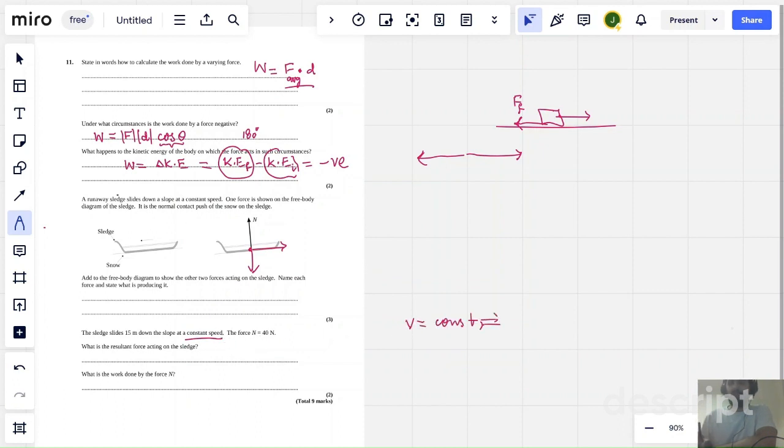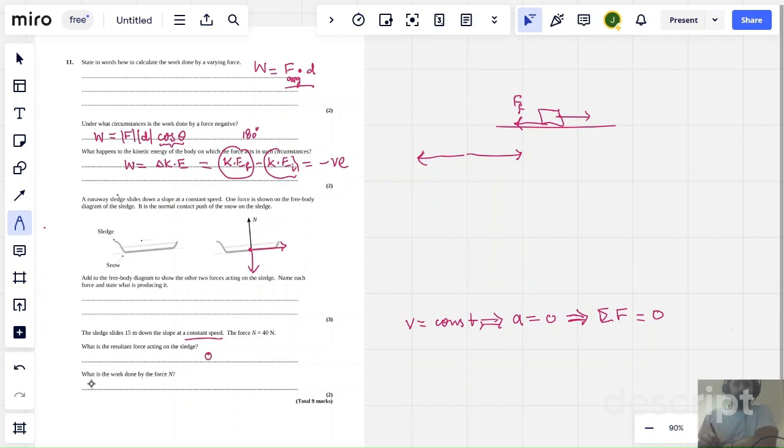That implies that acceleration is zero, and acceleration being zero in turn implies that net force is zero. So just by looking at the word that the sledge is going down with a constant speed, you can tell that the net force or the resultant force on the sledge will be zero.